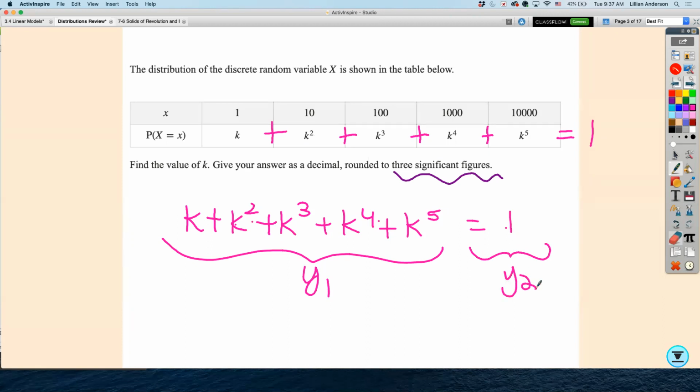Of course, not using K, but using what variable? X, because we can't use other variables besides X in our calculator, okay? But that's how we should have done that one, okay? This was another most missed one by you guys.